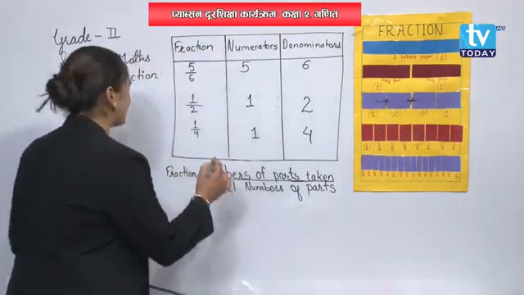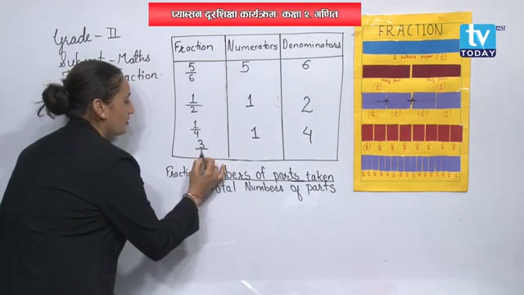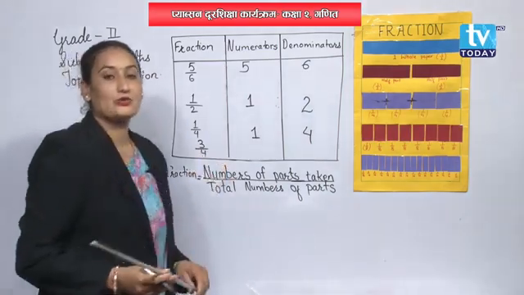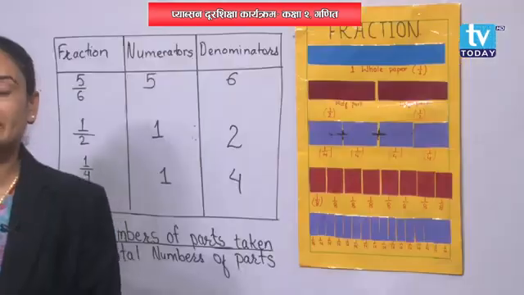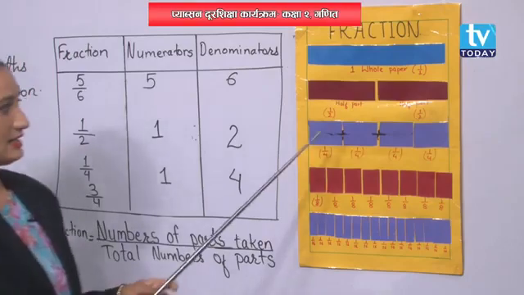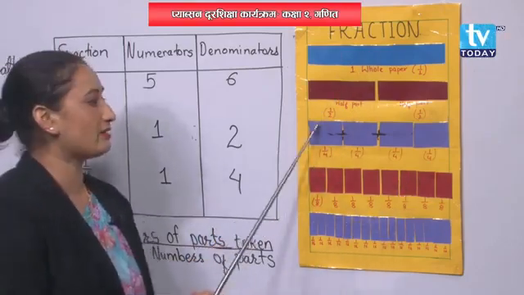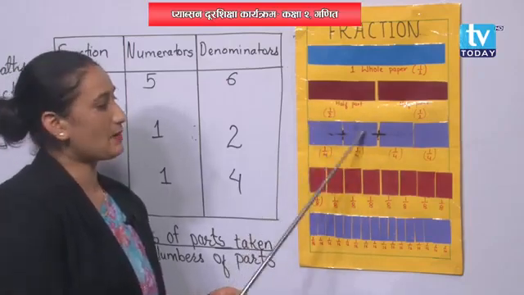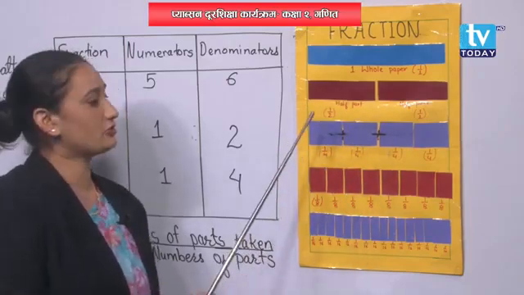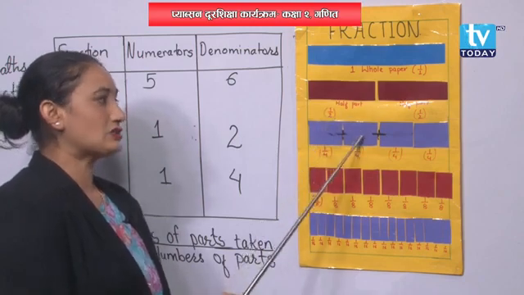So can we write here 3/4? Yes. Why have I written 4 at the bottom? Tell me. Because that whole paper is divided into 4 parts, and each part is equal to the others. So you have to write 1, 2, 3.